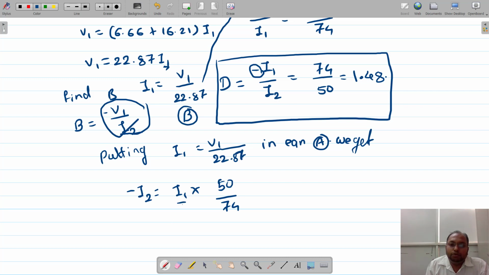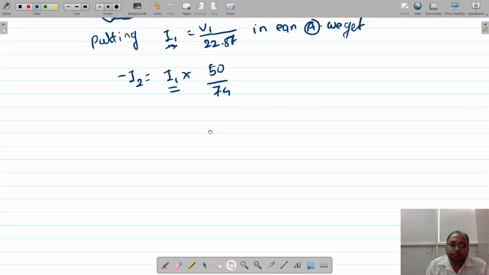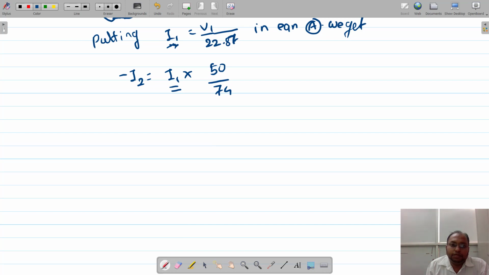Now putting the I1 term, minus I2 is equal to V1 divided by 22.87 into 50 divided by 74.